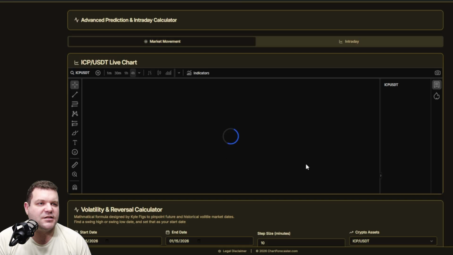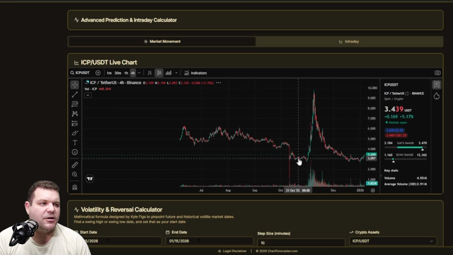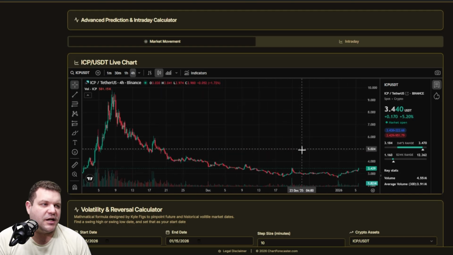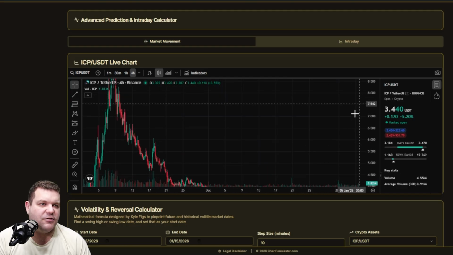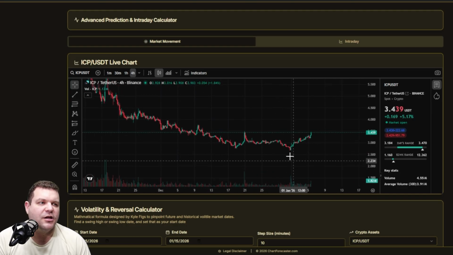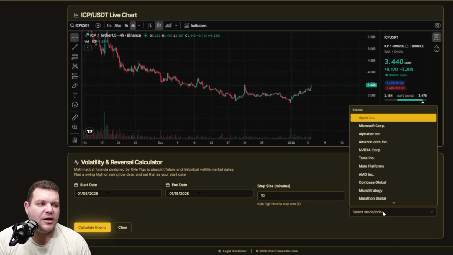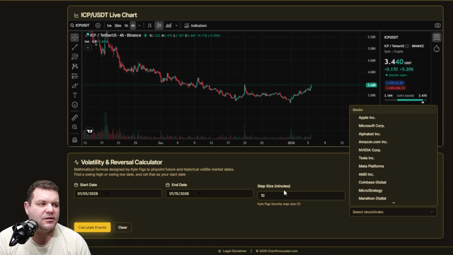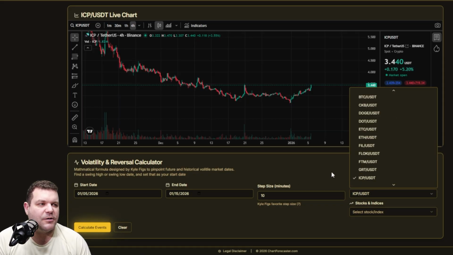So when this is all paired with harmonics and pattern traders, you can be very, very effective at entering and exiting trades based off of this data. So we will be adding some metals. But right now we've got some indices, some stocks on here, and we've got some crypto.